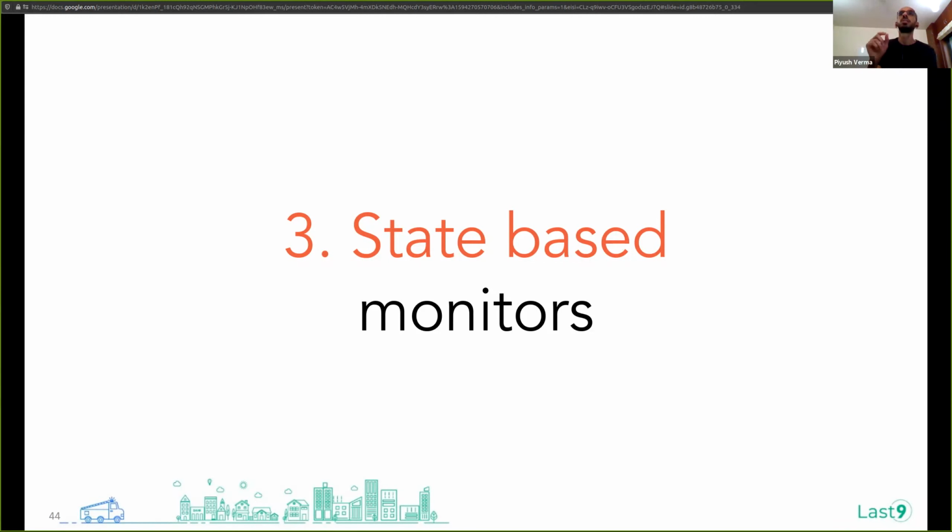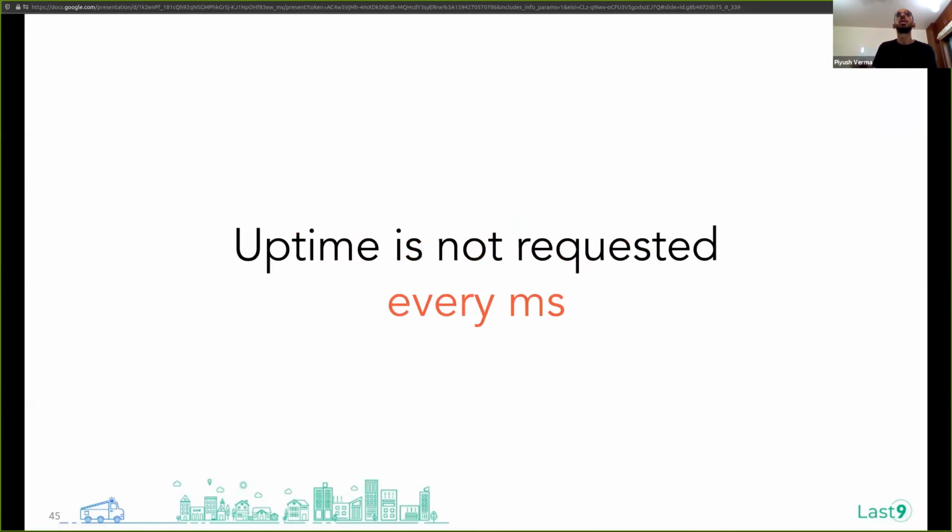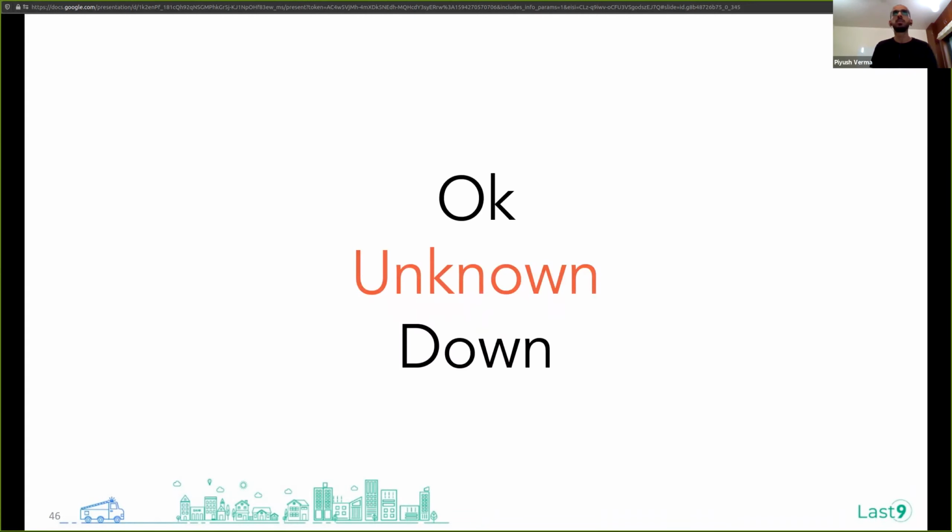So, state-based. Because it cannot hit every single millisecond, there are only going to be states. We need to introduce a notion of state, because it comes back every now and then, periodically. We need to define states. So the 3 states are okay, unknown, and down. Remember we said that downtime monitors are also going to run into challenges.